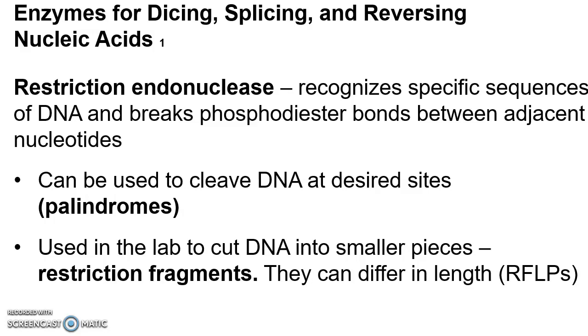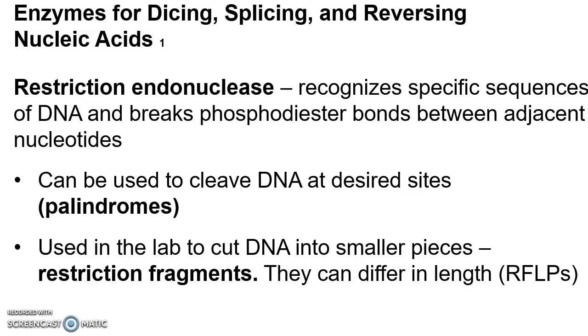Restriction endonucleases are enzymes that recognize specific sequences in DNA and actually cut the DNA into shorter fragments. Those can be useful to obtain shorter sequences or segments of DNA that can be more easily managed in the laboratory for research or practical purposes.